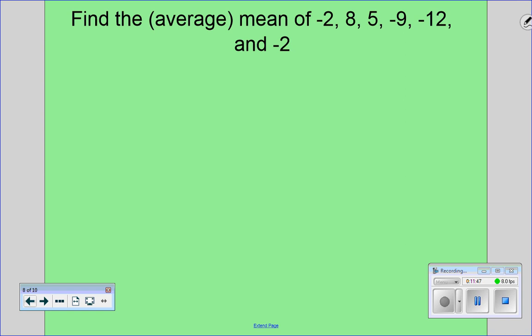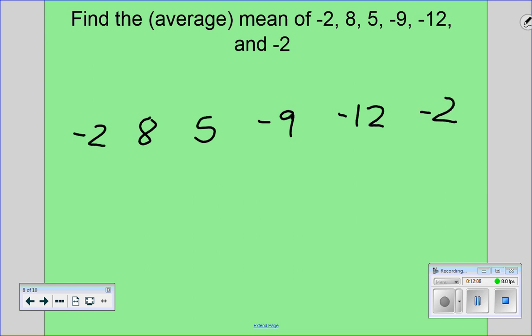If you need an example in your notebook, this is a good one to put in there. Find the average of -2, 8, 5, -9, -12, -2. So we have to add all those together first.